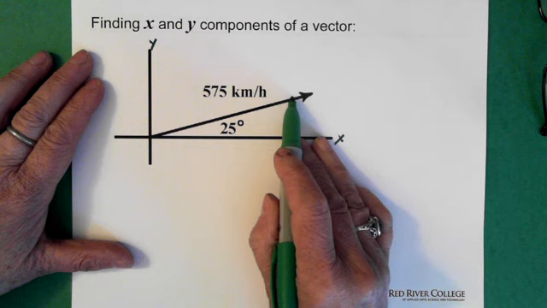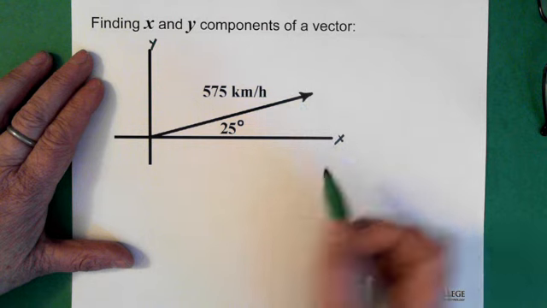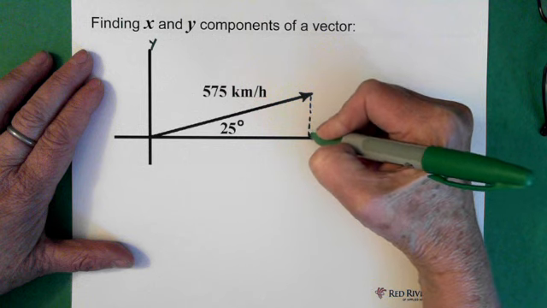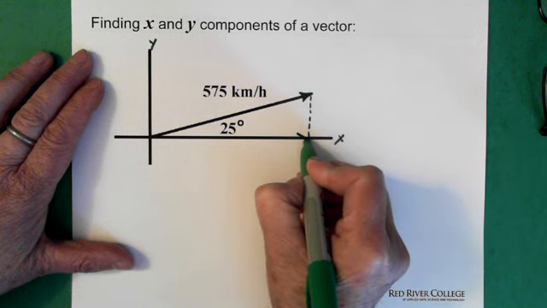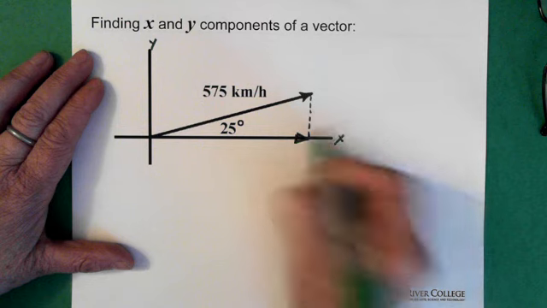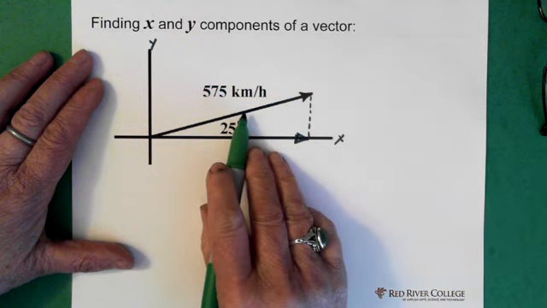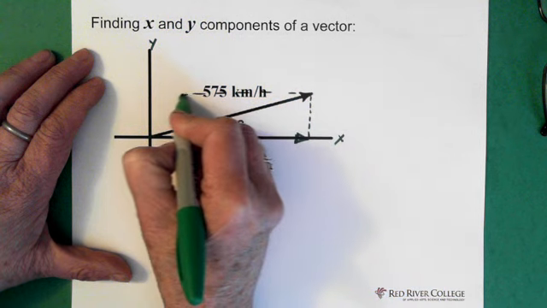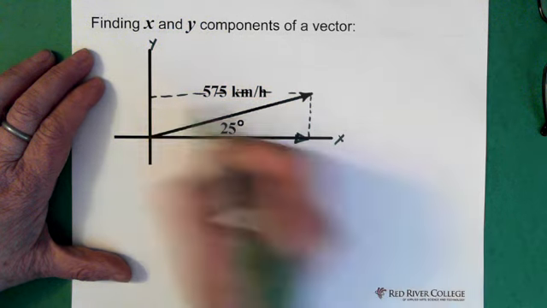Here's our vector. We want the X piece, so we draw a line straight down at right angles to the X axis. So this is our X component of that vector. And then we draw a line straight across to the Y axis.